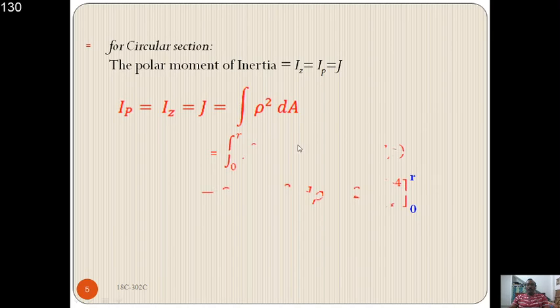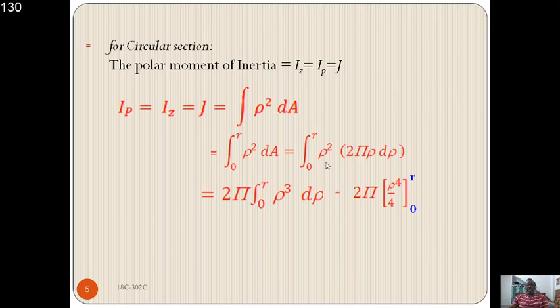Then substitute the values: rho goes from 0 to r, and the differential element area is 2 pi rho d rho. By substituting all the relevant data and integrating, you will obtain 2 pi r to the power of 4 by 4, and then substitute the limits.